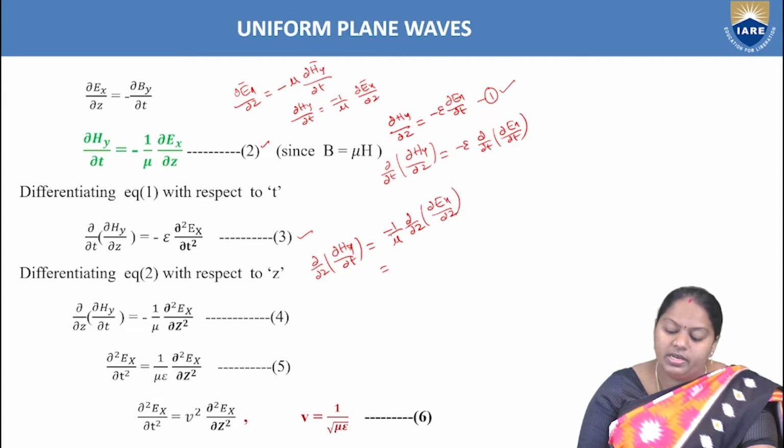Then it becomes minus 1 by mu, ∂²/∂z² of Ex. Consider this as equation number 4.